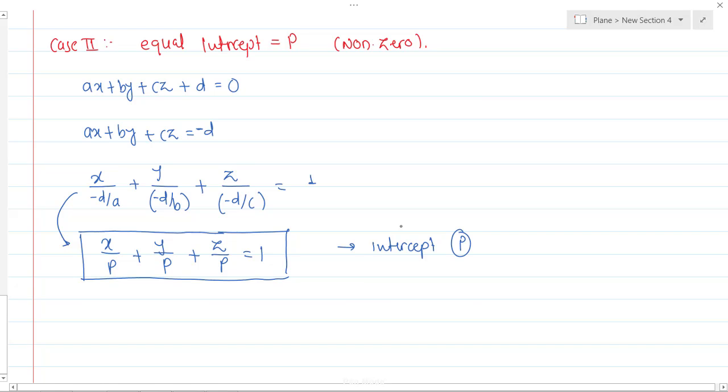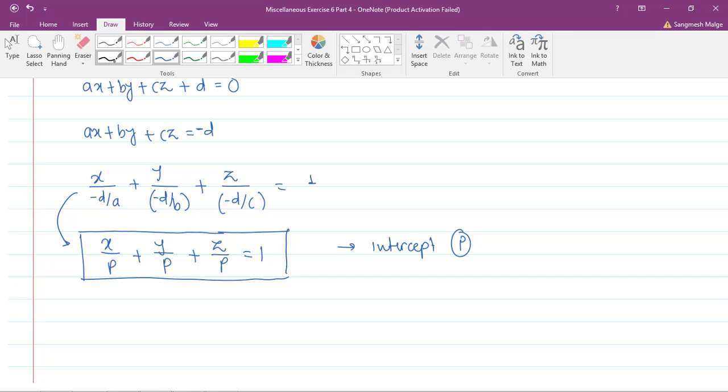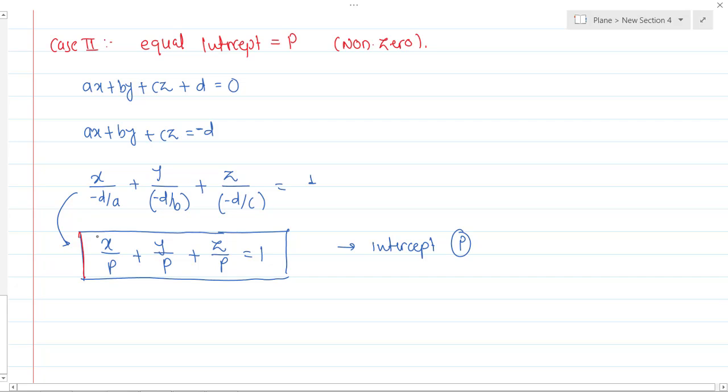This is the standard equation of the plane which is making an equal intercept. Please make a note of this. Let's take one simple example. If the plane is making an intercept equal to 10, then the equation is x by 10 plus y by 10 plus z by 10 equals 1.